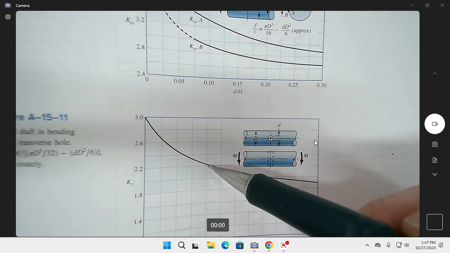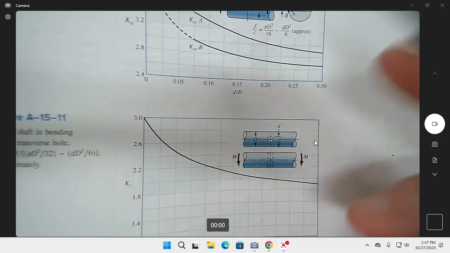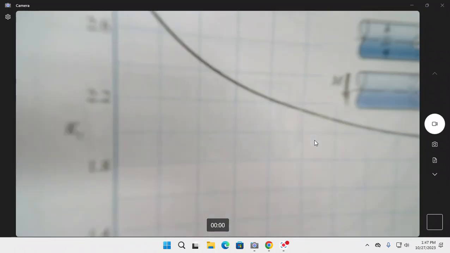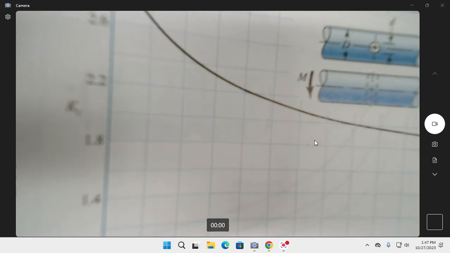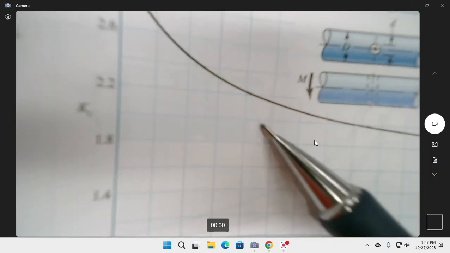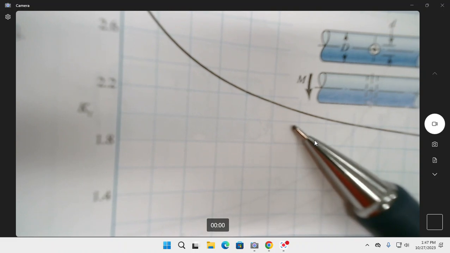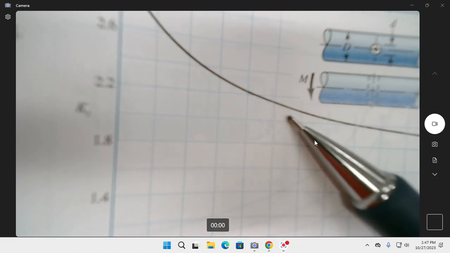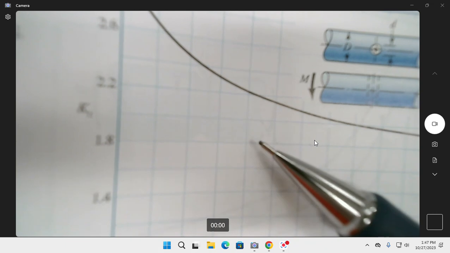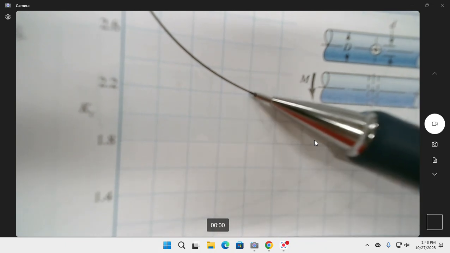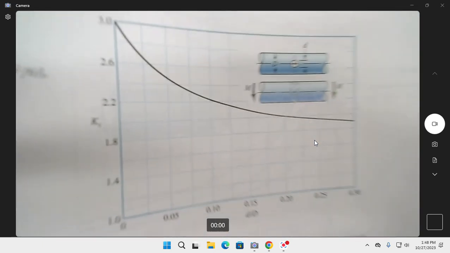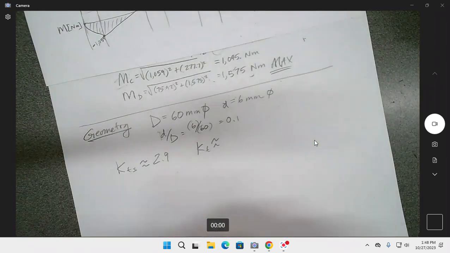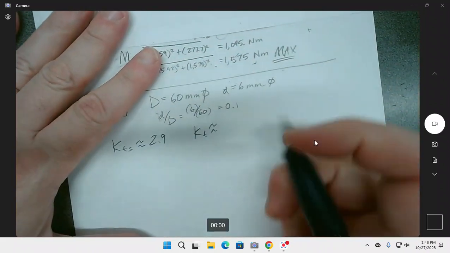If I take my glasses off and really zoom in there, I don't think it can focus on its own. Where did it go? I lost it. Right in there. It's a pencil width, so not worry about it too much. So 2.2.